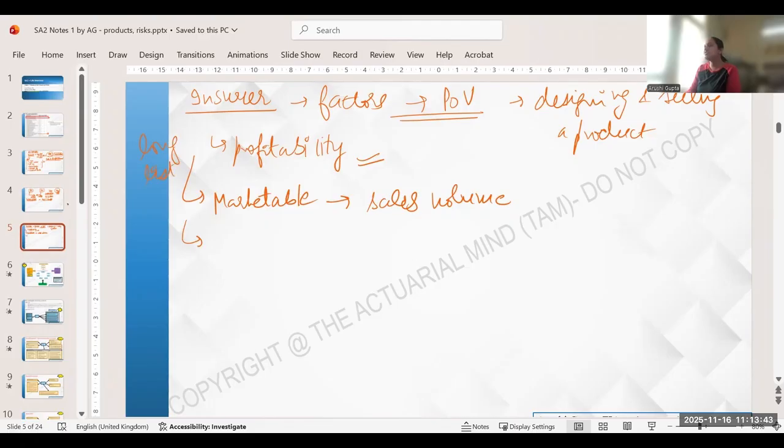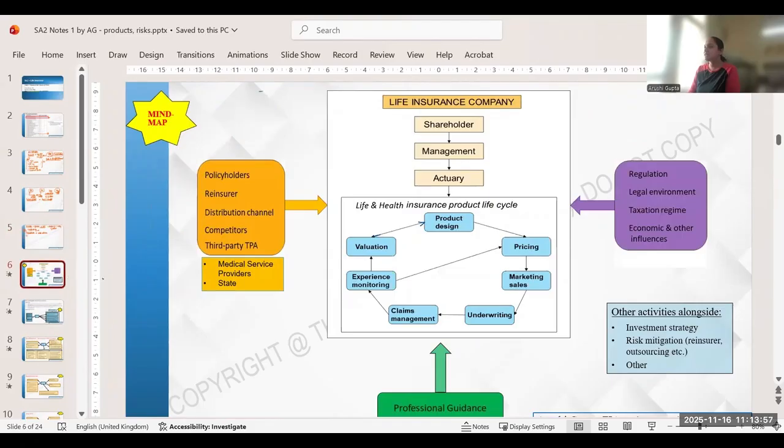These types of factors you have seen in past subjects, but for a brief intro, they come up very upfront in the list when we start the classes for this diet, because they are the very first in the chain of the products. So this is an overview: a life insurance company at the top, there will be some shareholders, the management, and the actuary.